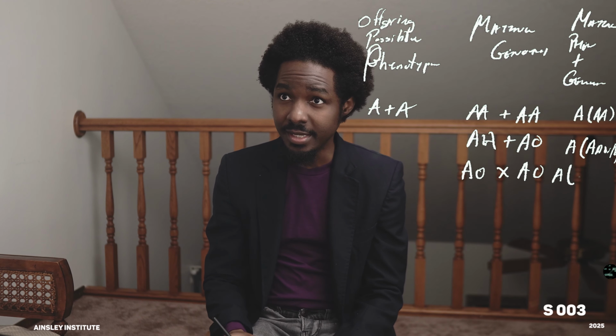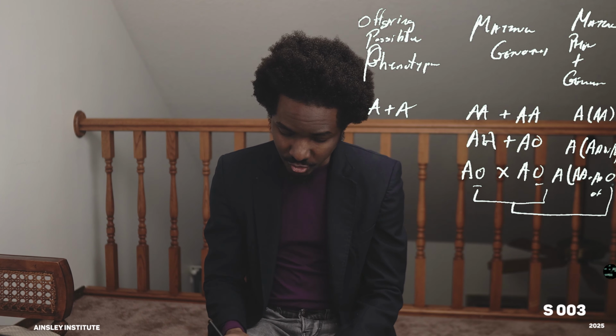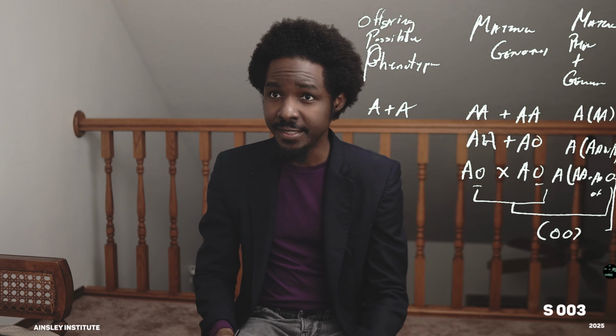So this person is A with AA, this person is A with AA or AO, and this person is also A with AA or AO, or these two O's can come together and give us a person of group O, which indicates that O can only be expressed by OO.